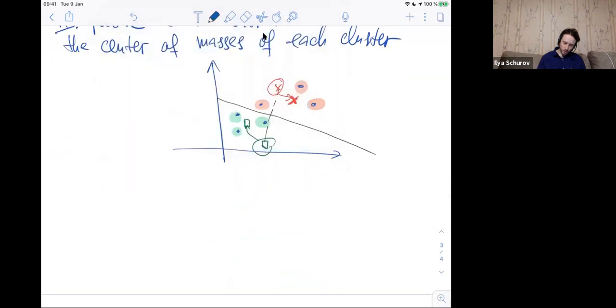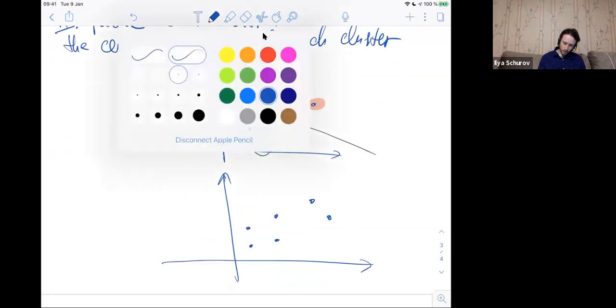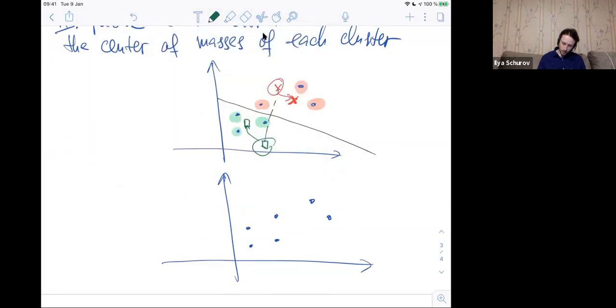For example, I will get, I try to draw the same points. And now I get the green centroid here and the red centroid here.